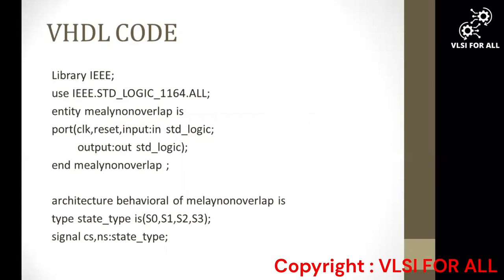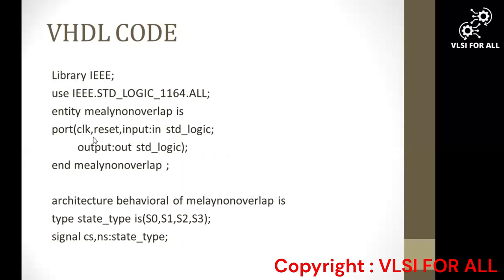So this is the VHDL code. First we define the IEEE library. This is the syntax: library IEEE, and use IEEE.std_logic_1164.all. We know this. After the library declaration, we have to declare the entity. We have declared entity Mealy, and this is the name of our entity, Mealy non-overlap.